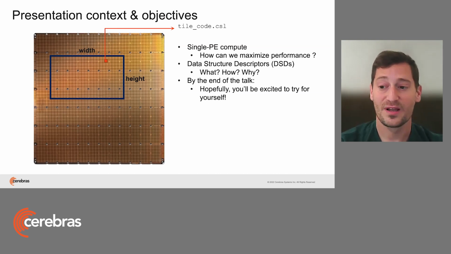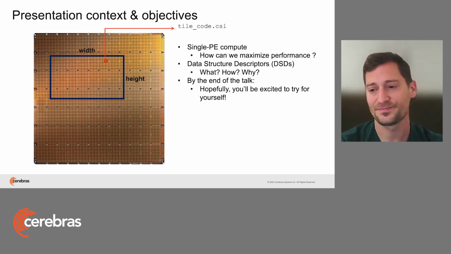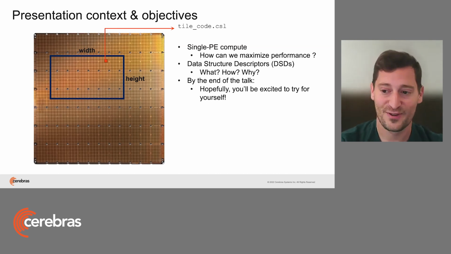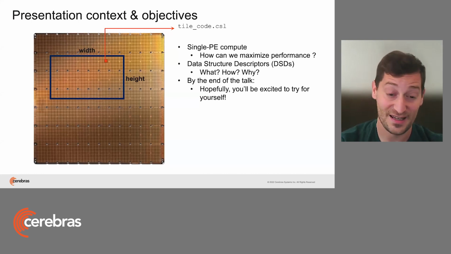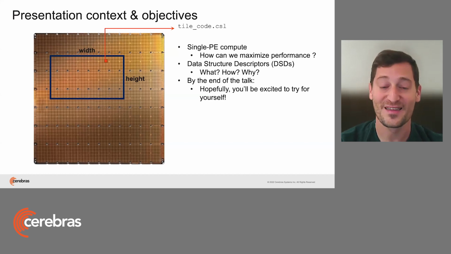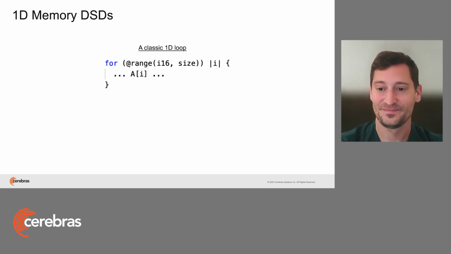In this talk, I will explain what that is, how we can use it, and why we should use it, or when we should use it. Hopefully, by the end of the talk, you will have a good understanding of that. And also, I'm hoping you'll be excited to try this out for yourself. All right, let's dive in.